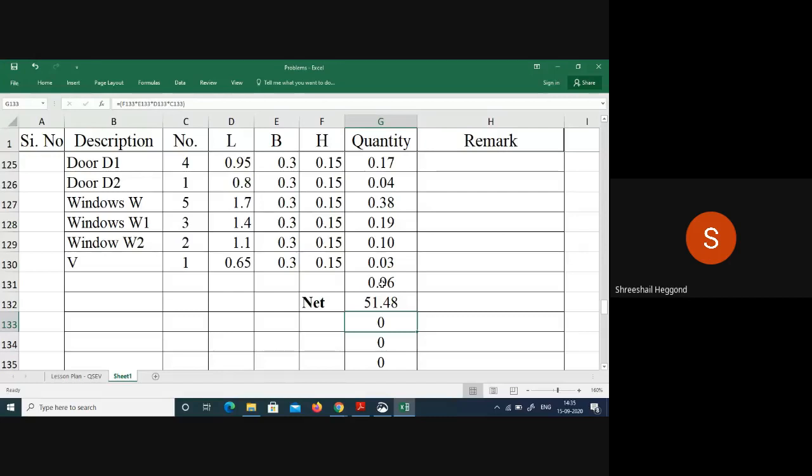Whether you are getting the same answer or not, verify and post your answer in the chat box.